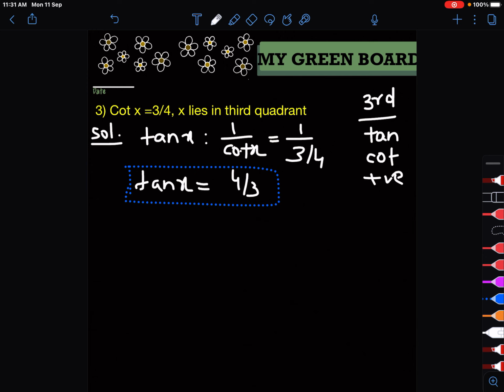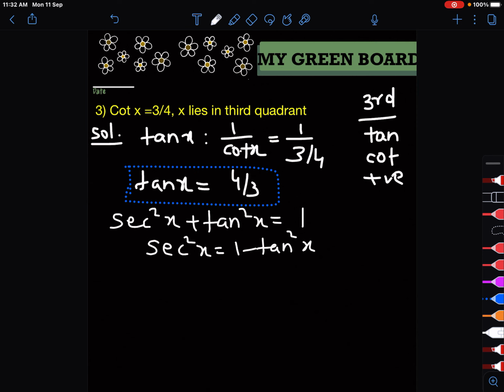Now let's take the other trigonometric identities. We need to take this identity because we have tan x. So secant square x equals 1 plus tan square x.